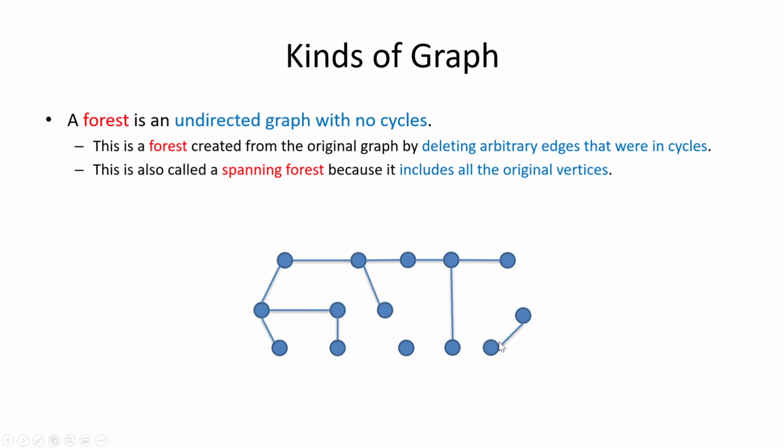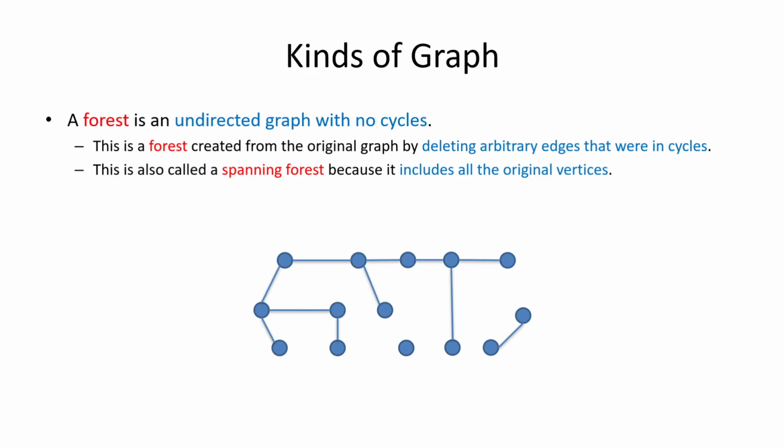If we do split it into chunks, so I just deleted a couple more edges here, then you're left with what we might call a forest, and this would be a spanning forest, which includes all the original vertices. But a forest, of course, is just a collection of trees.